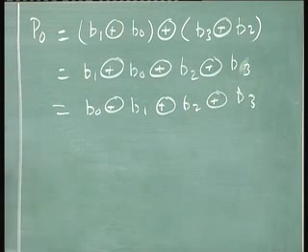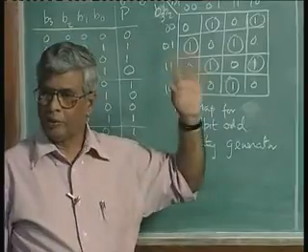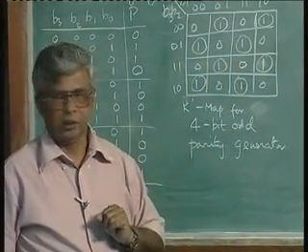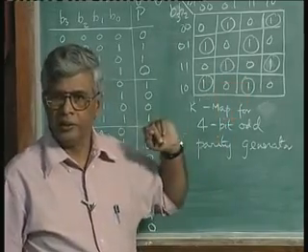Very nice pattern. So this pattern can be identified as an exclusive OR pattern. I think we had this in the Gray code, somewhat similar to this, the Gray code simplification that we saw in the last lecture. Somewhat similar pattern.